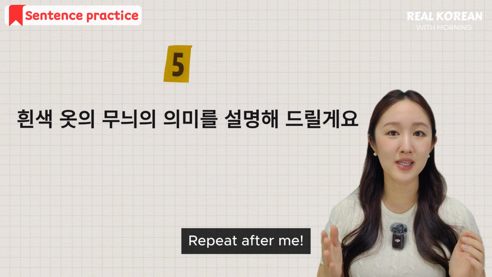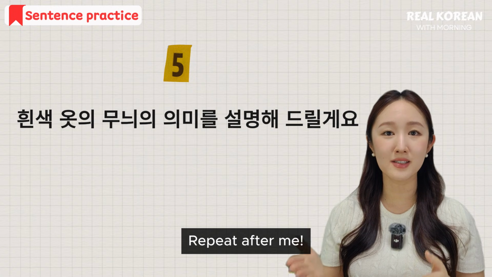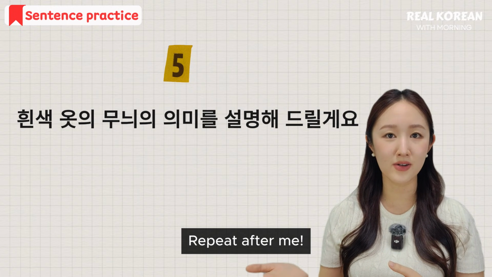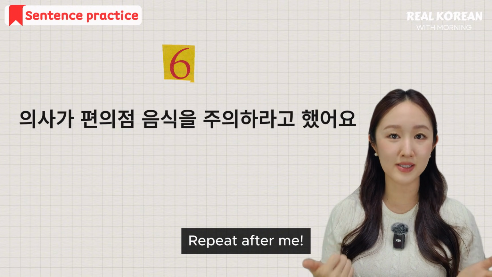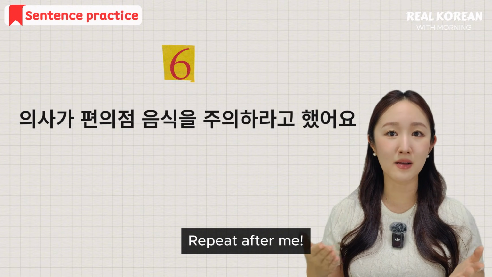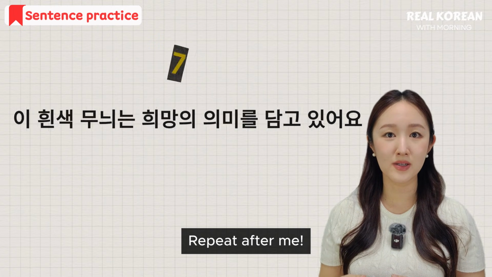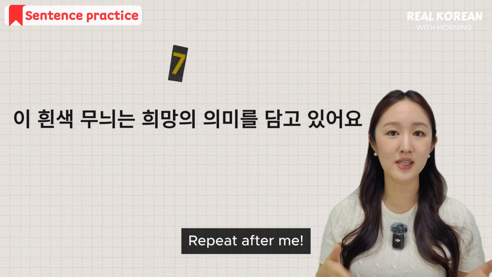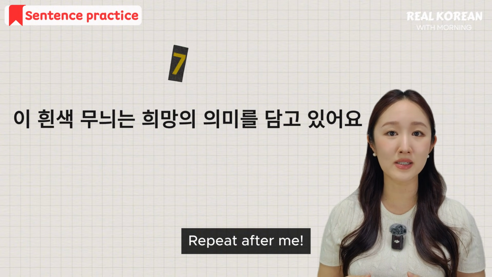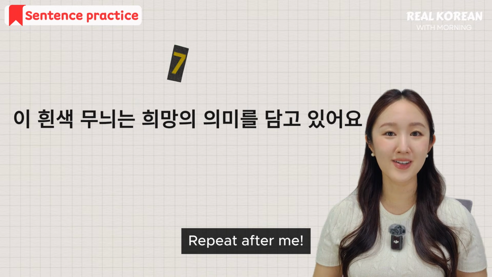Number 5. 흰색 옷의 무늬의 의미를 설명해 드릴게요. Number 6. 의사가 편의점 음식을 주의하라고 했어요. Number 7. 이 흰색 무늬는 희망의 의미를 담고 있어요.